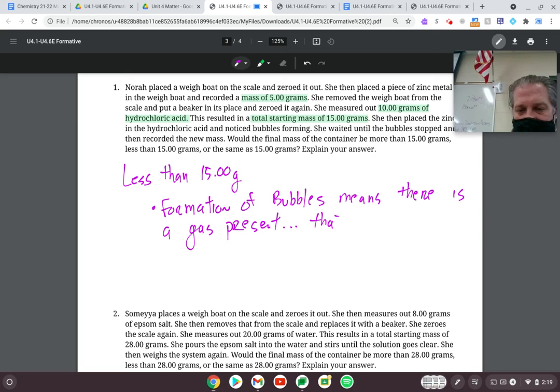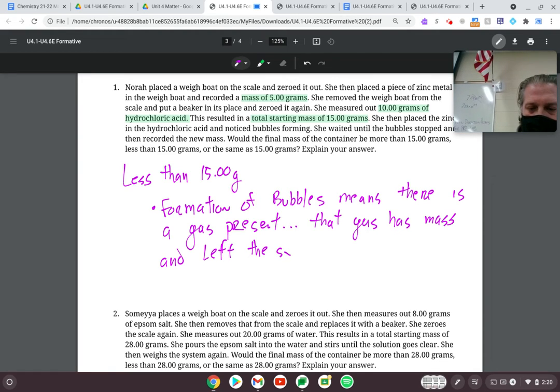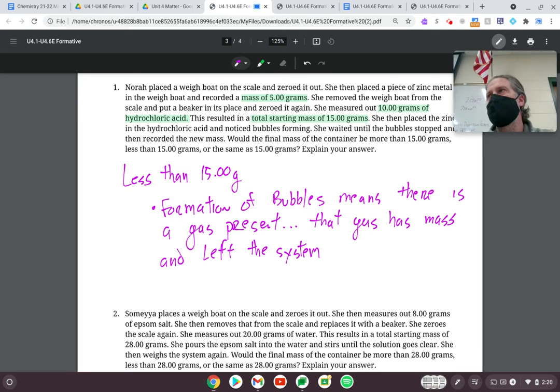That gas has mass and left the system. Now, you don't have to write all of the things that I wrote, but you should write something to the effect of the bubbles have mass and the bubbles left the system. So something in that vein is what I would be looking for.